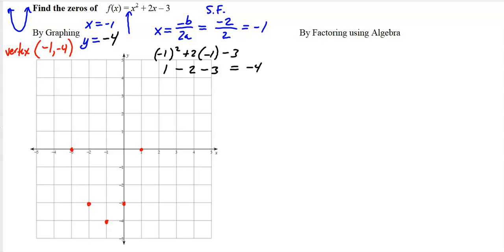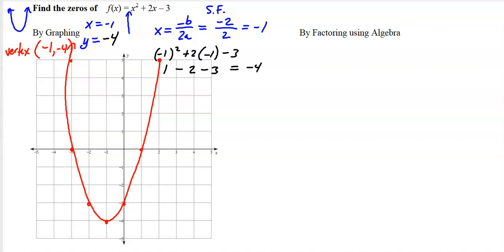If I want to do one more, we go over 3, up 9, and over 3, up 9. And I graph it. Whoop, missed my mark a little bit there, but you can imagine where it's supposed to go.